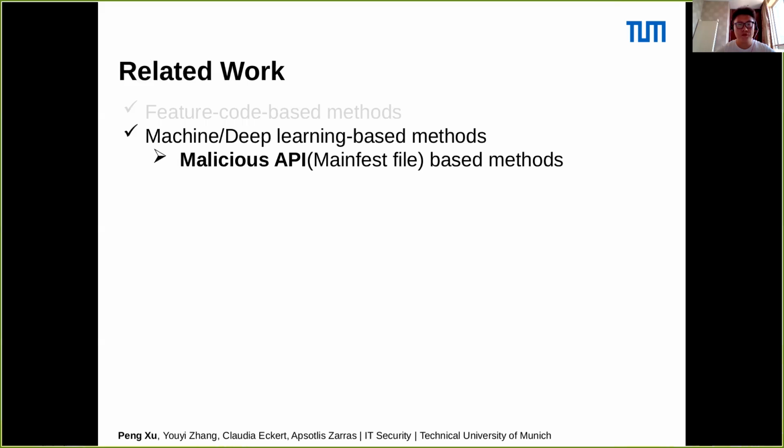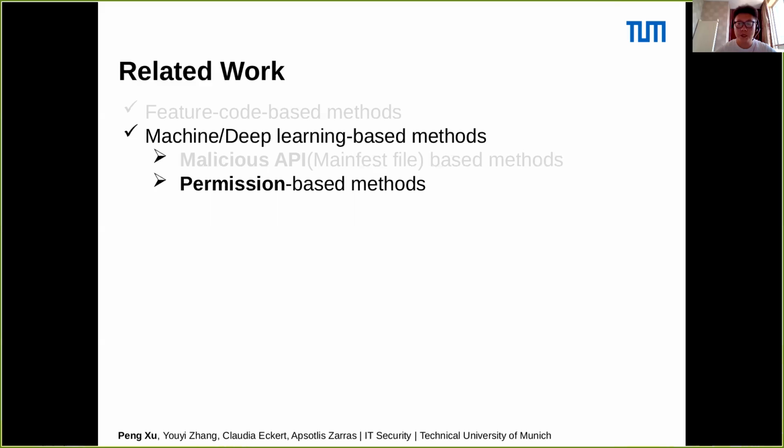With the development of machine learning and deep learning, we also consider using machine learning and deep learning in malware detection. The first methodology uses, for example, malicious API calls and the config file or the manifest file to do the malware detection. For Android application-based malware detection, we also use a performance-based methodology.